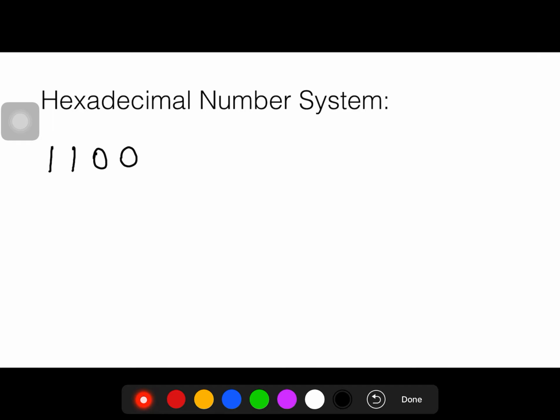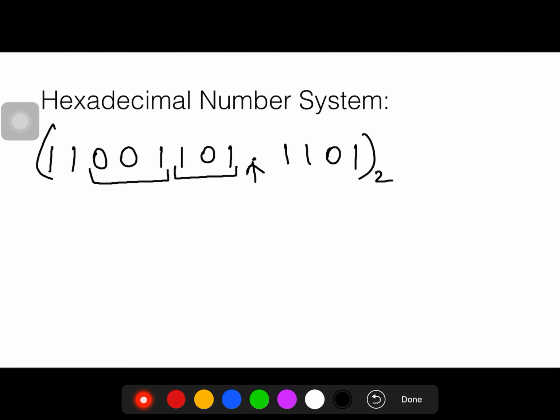Vice versa, in order to convert binary to octal, suppose we are given a binary number 11001101. This is a number in binary and we have to compute this number in octal. What we will do is group digits on both sides of the decimal point. We make groups starting from the decimal point. Remember, the decimal point is important here. Make groups of 3.